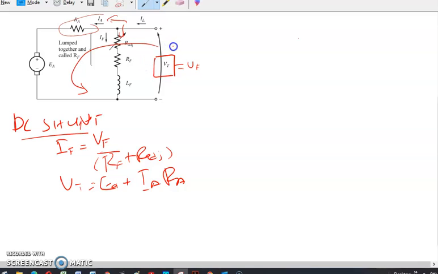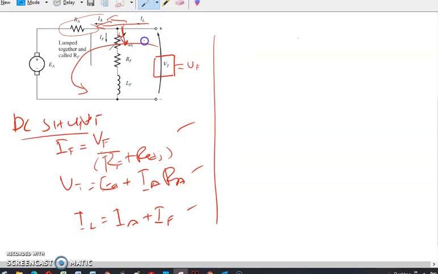Then we apply KCL: IL is equal to IA plus IF, because IL here is separated into two, one part goes to the armature, another part goes to the field. So we have three equations derived from the schematic.